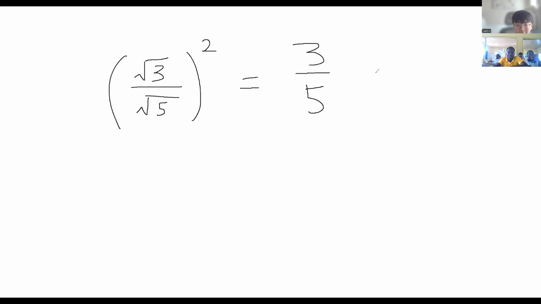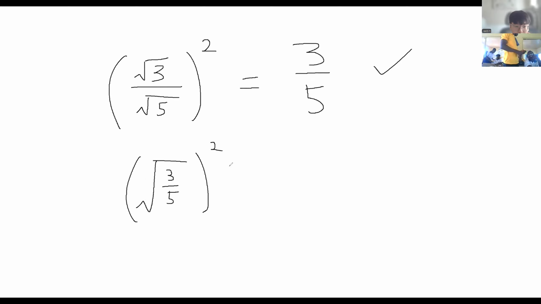Because we can put this as square root of 3 over 5, and this whole thing squared is just taking out the square root, which is 3 over 5.